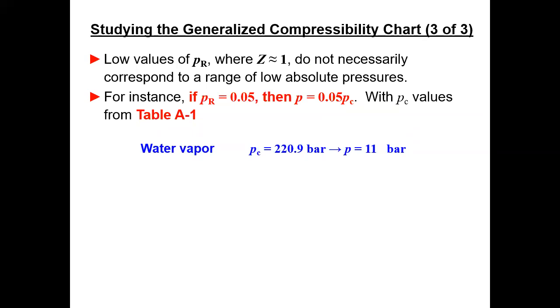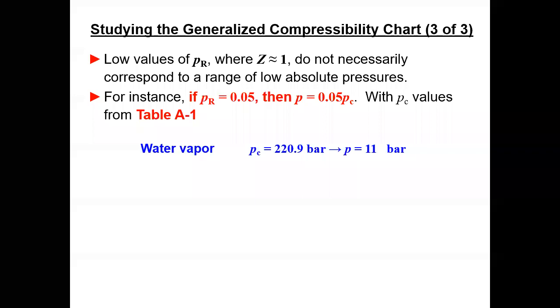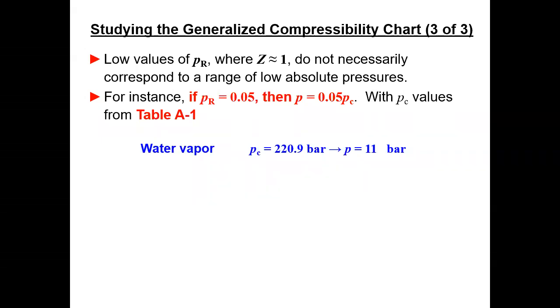If you take 5% of that, you get 11 bar, and 11 times 14.5 is about 160 PSI. That's still significant pressure, even though it's 0.05 of the critical.